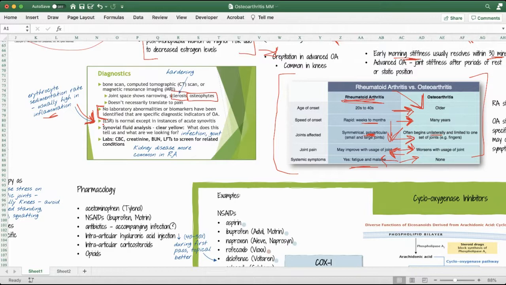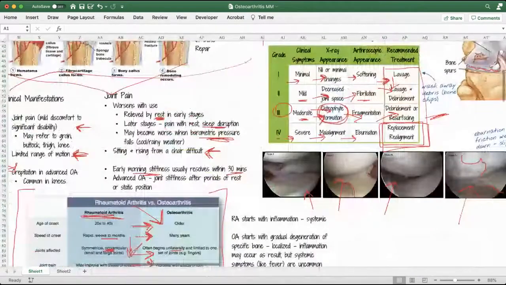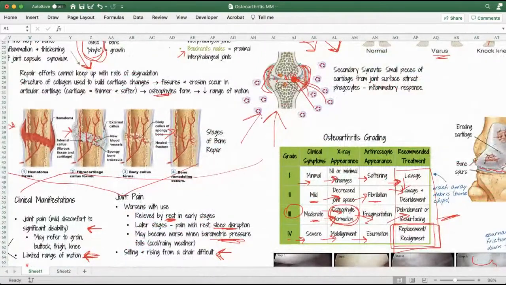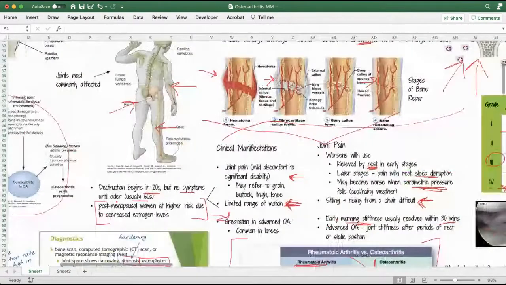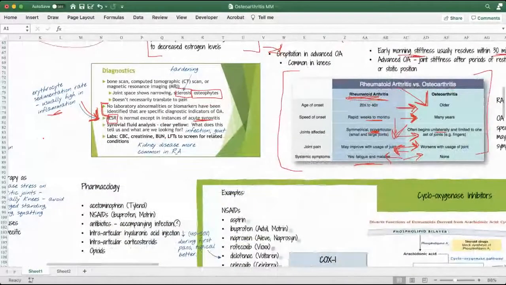But the only time with osteoarthritis that you would see an increase in your erythrocyte sedimentation rate is during acute synovitis. So that secondary response that we looked at over here has caused that inflammation, and now there are so many cytokines that you would have an increased sedimentation rate.